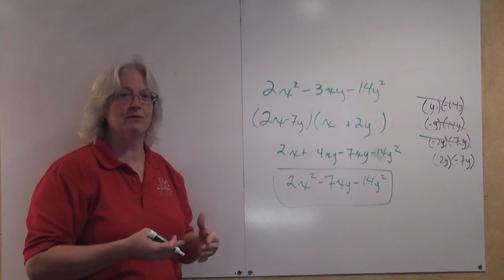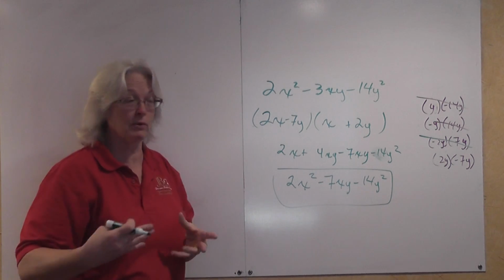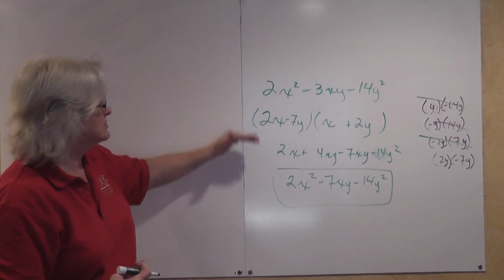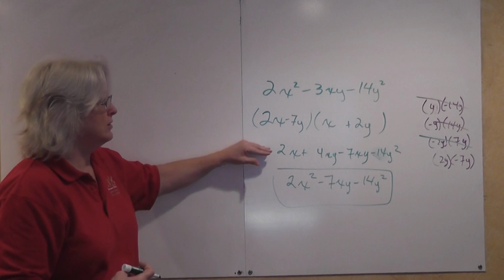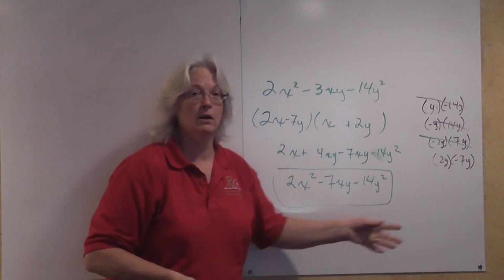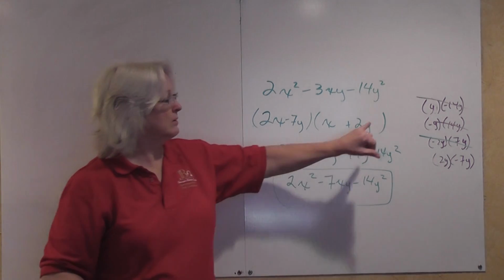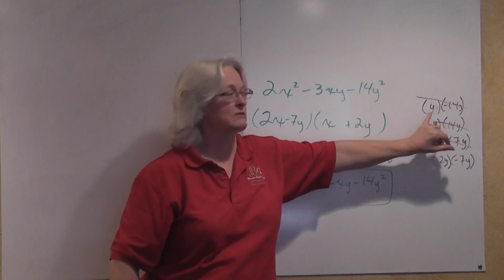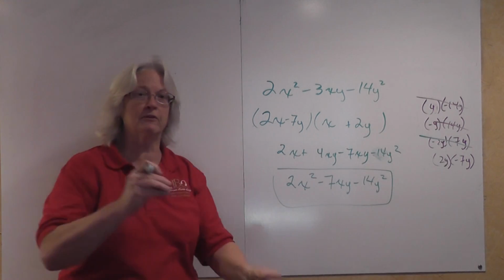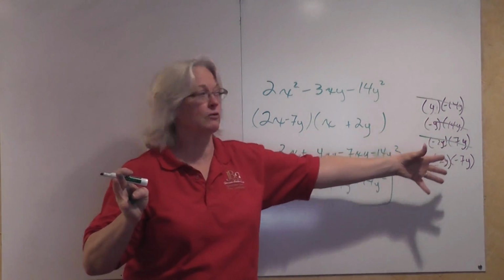Now, if you've noticed, I'm being very precise and specific to use all of that vocabulary when I go through the review of this so that you understand what we're doing. And you also saw in this one that we went through a bunch of different combinations. What you're going to learn is that very rarely are you going to have a big difference in the size of the factors, like a 1 and a negative 14.